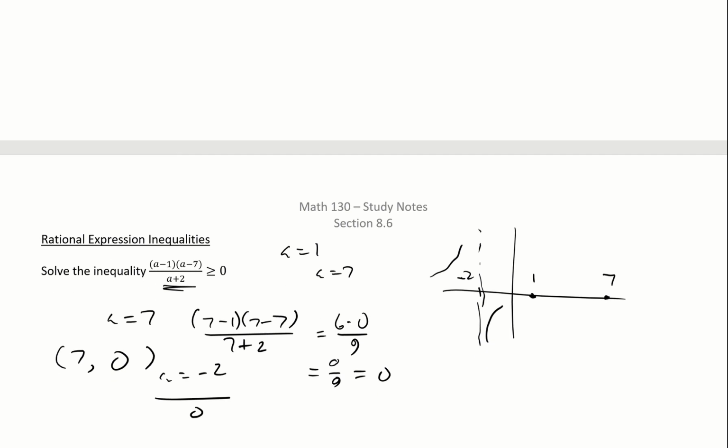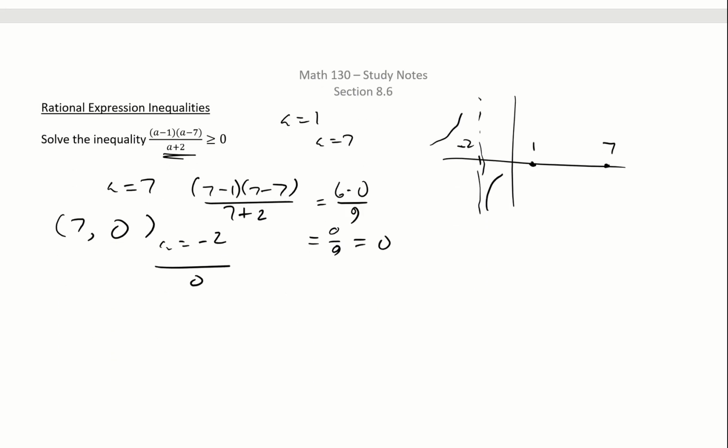Okay, so let me start over with this one and say this is how I would attack the problem. Okay, and then we have one more after this. So we have a minus 1, a minus 7, all over a plus 2, and we want to know where it's greater than or equal to 0. We do everything the same.